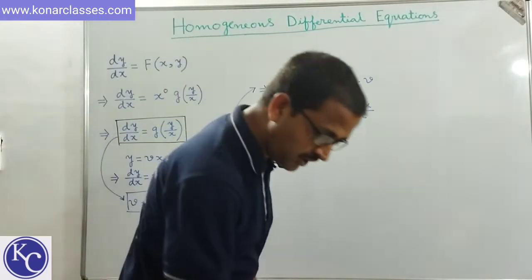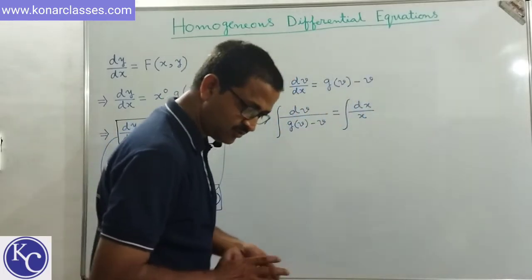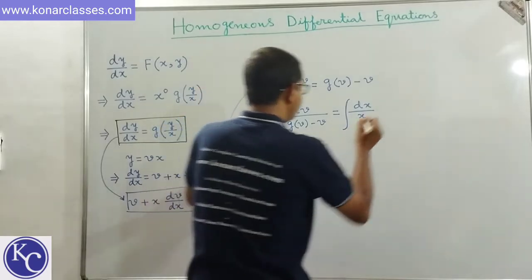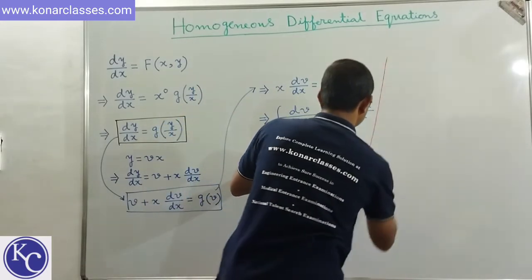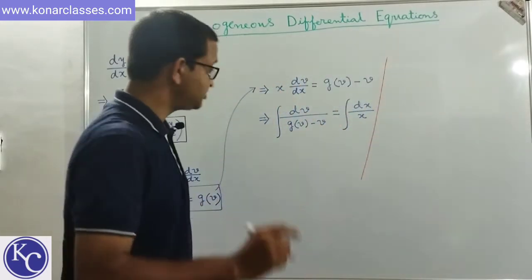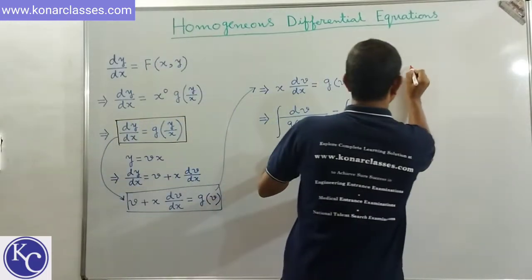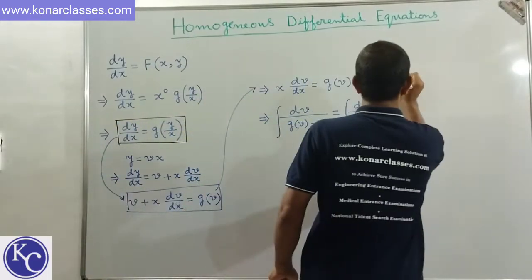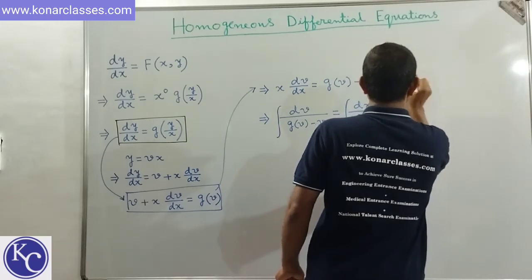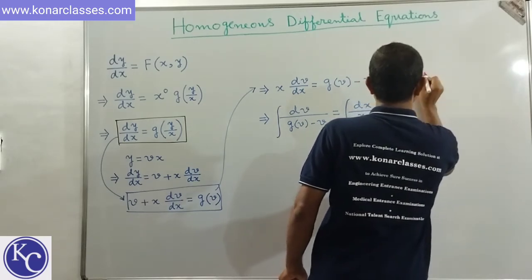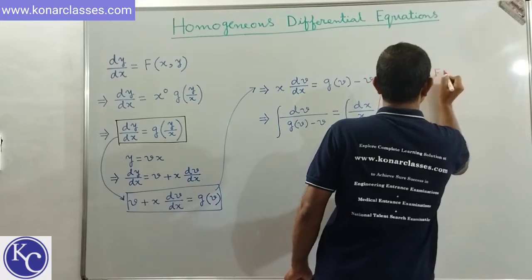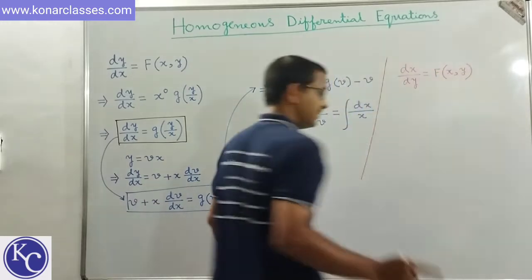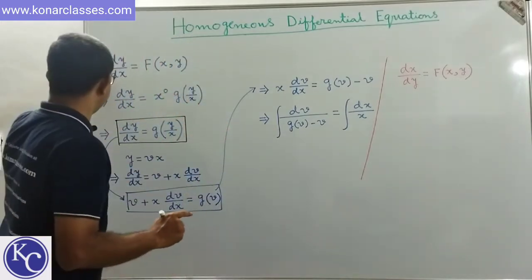Now before I proceed for an example, I would like to tell you something. If we get the function expressed as, if the differential equation is something like this, that dx/dy is equal to f(x, y). Notice the difference.